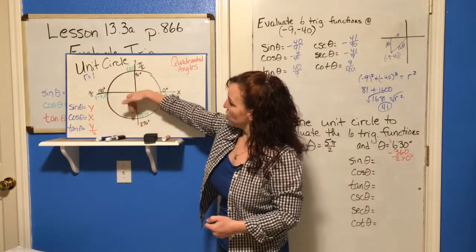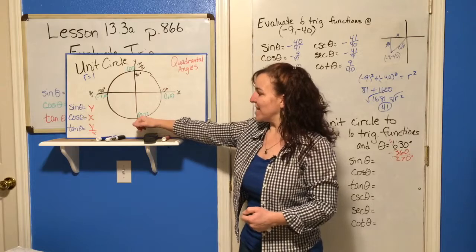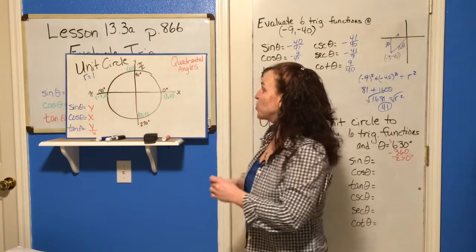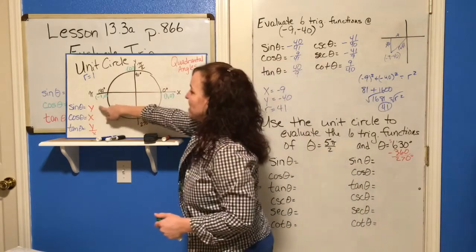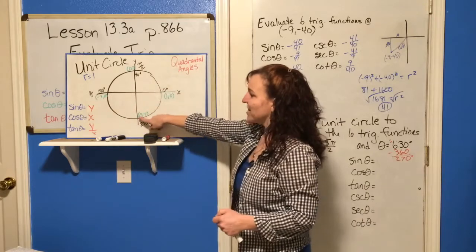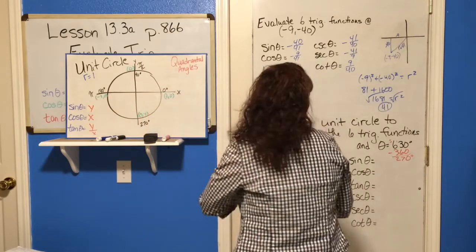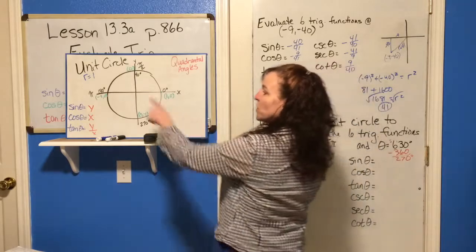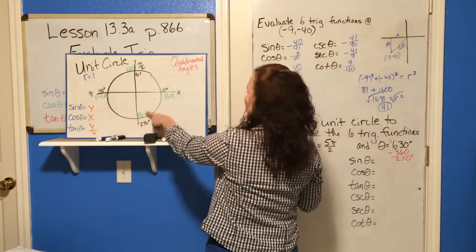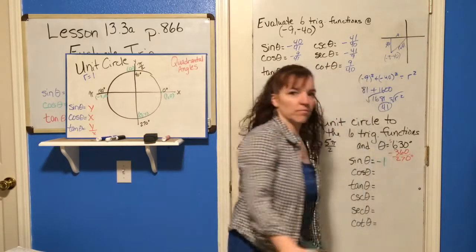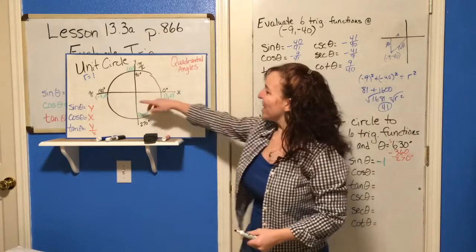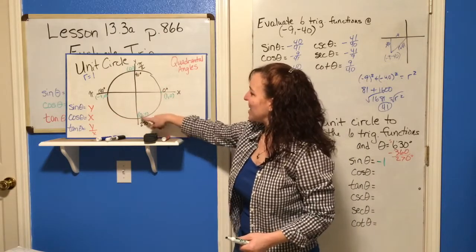So that's three quarters of the way around. So it's this point. And so all we do is we're going to do the sine, cosine, and tangent at (0, -1). So the sine is going to be y, and my y is -1. Done. Cosine is x, and x is 0.